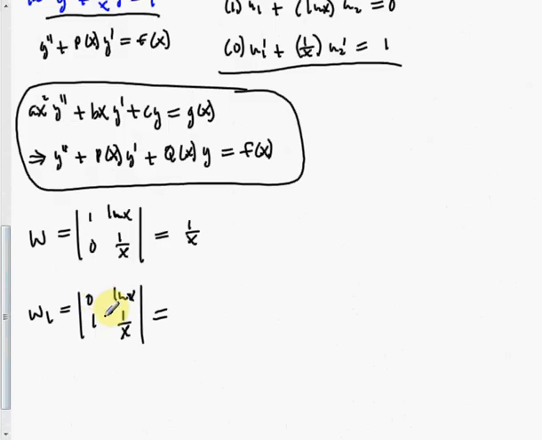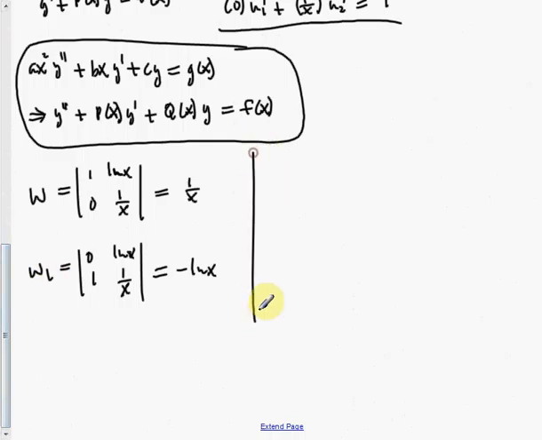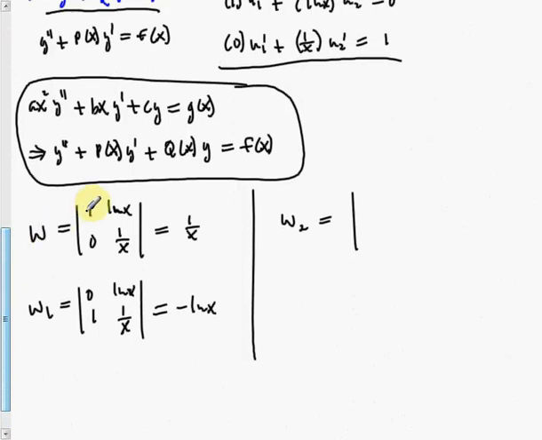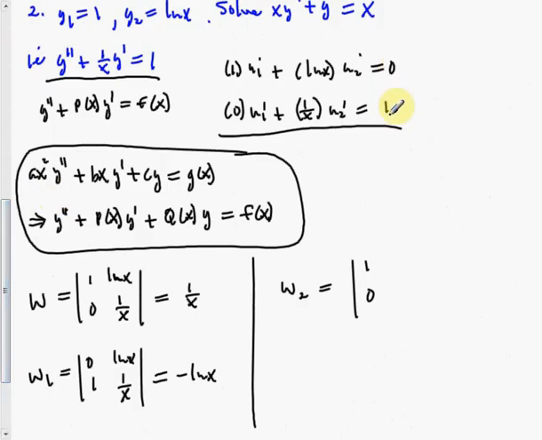So we get 0 minus the natural log of x. W sub 2 is 1, 0, and replace the second column with 0, 1. So we get the identity matrix, so that's just 1.